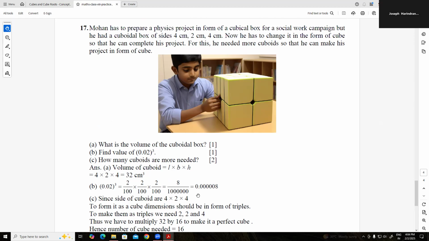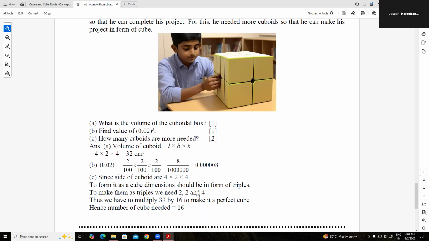Apart from that, one cuboid is already there. So we have 16 into 2, 32. Multiply 32 by 16 to make it a perfect cube.